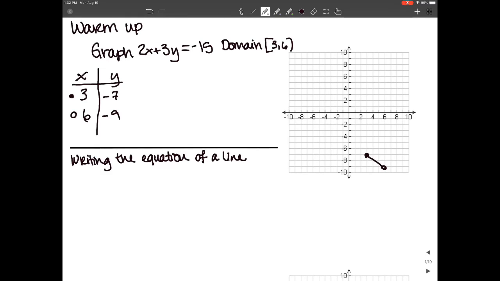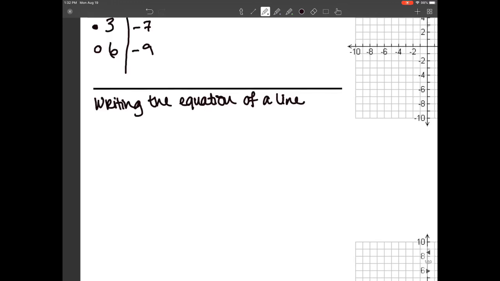All right. So writing the equation of a line, you can do it in a couple different formats. You can do your traditional y = mx + b, which is slope-intercept form. You can do the one that I showed you, ax + by = c, which is standard form.